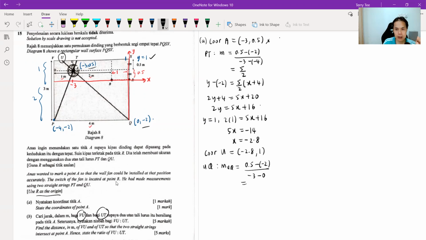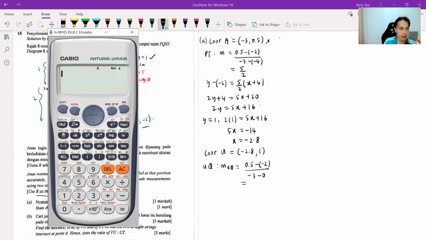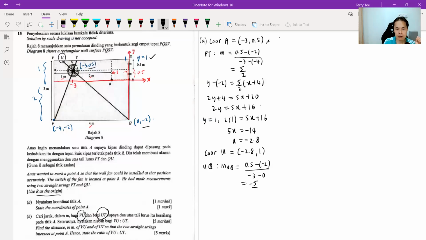If you're not sure, use your calculator. This is 0.5 minus minus 2, which is plus 2.5, divided by negative 3. It is negative 5 over 6. Since Q is the y-intercept, your y-intercept is minus 2. So your equation is y equals negative 5 over 6 x minus 2.